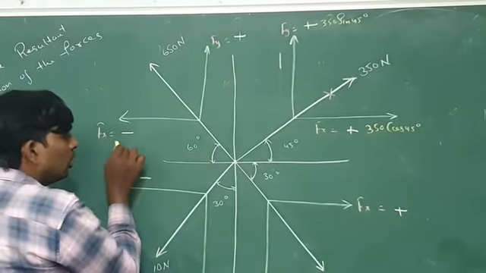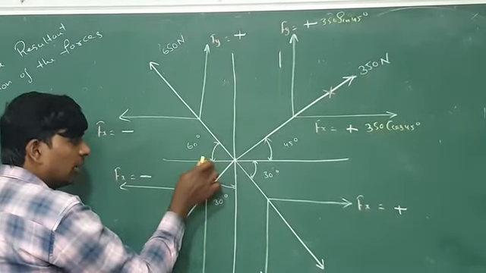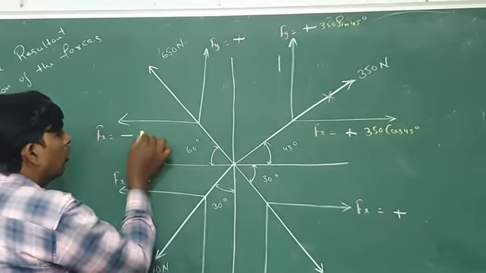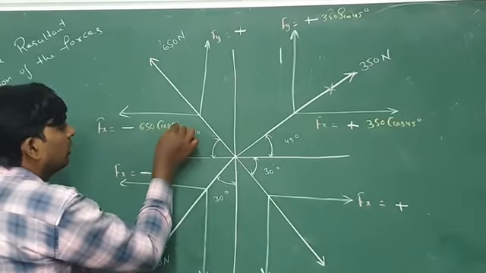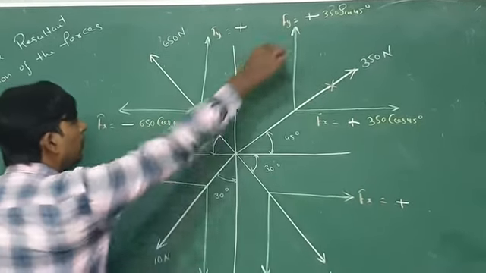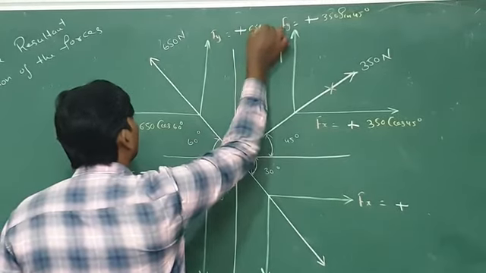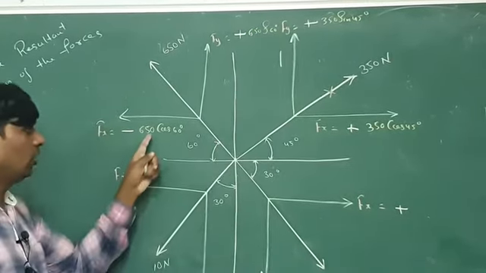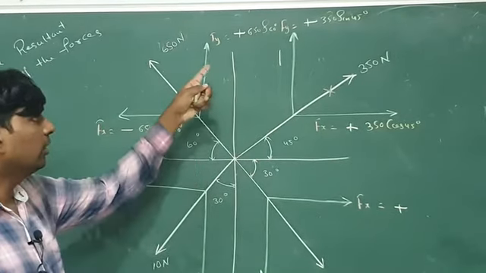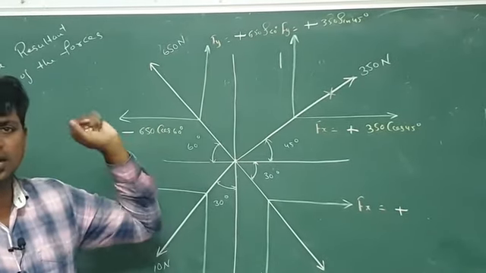So how much force is there? 650 cos 60 degree, and this one is 650 sin 60 degree.